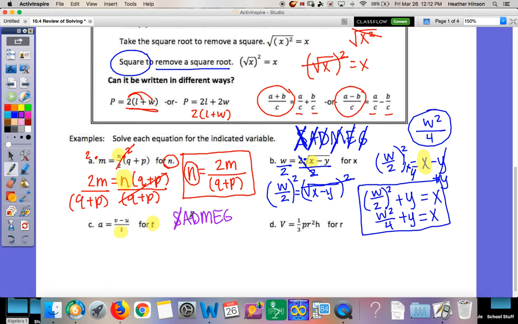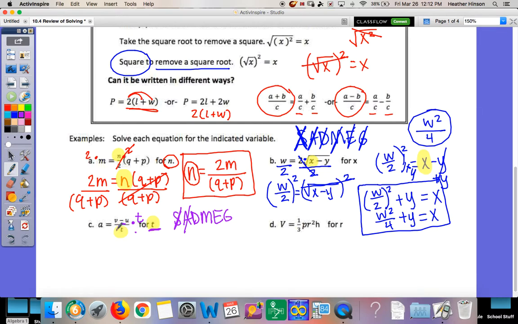Do we have addition? No. Do we have division? Yes. This is v minus u divided by t. So how do we get rid of division? We multiply. You always multiply what's on the bottom. This is the one case where you're going to move the letter that you're solving for.